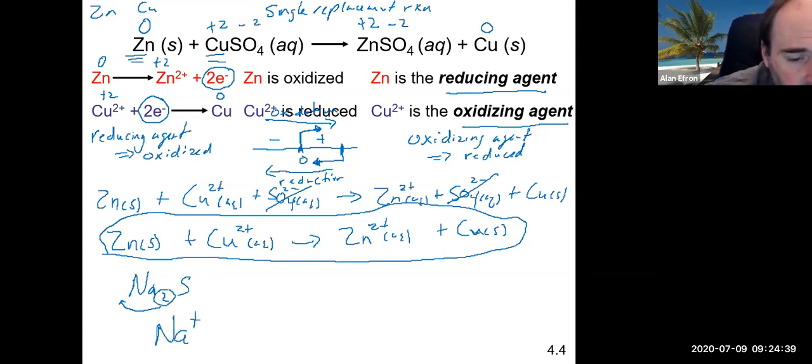And basically what this 2 means is that you have 2 of those Na pluses. Remember that there is no real ion formula that looks like this. So it would come like that.